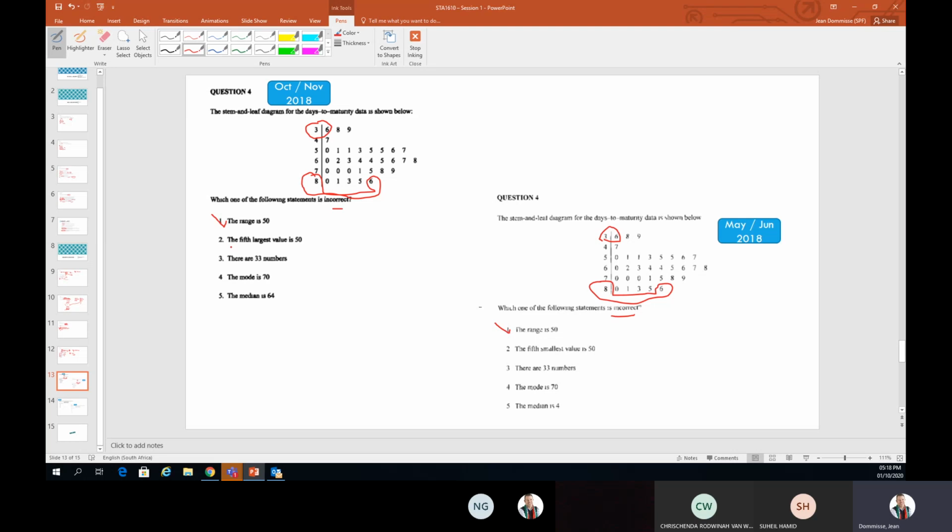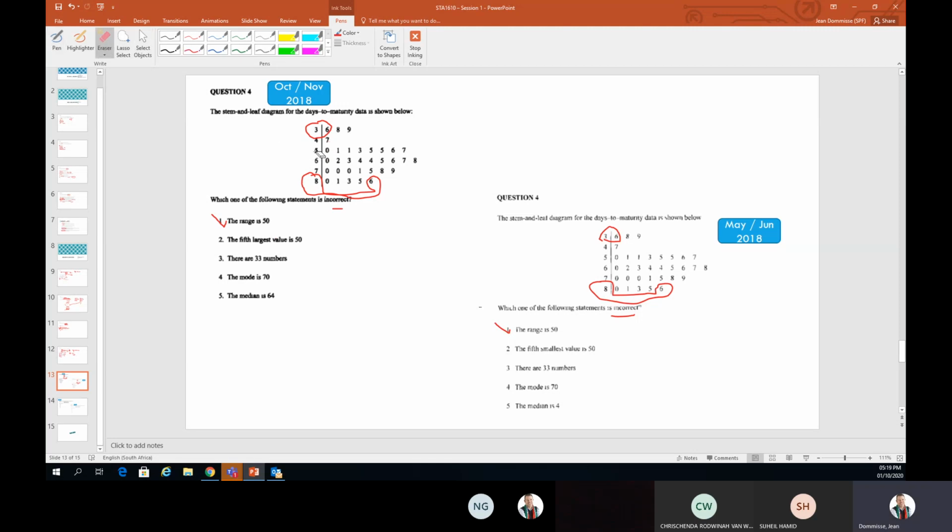Let's look. The fifth largest number is 50. Okay, and how we normally, our mind is structured, is to say 1, 2, 3, 4, 5, 50. And we would have said, oh, that's correct.